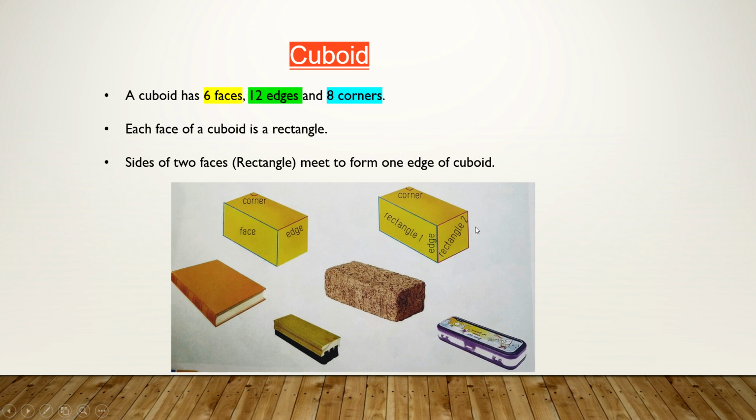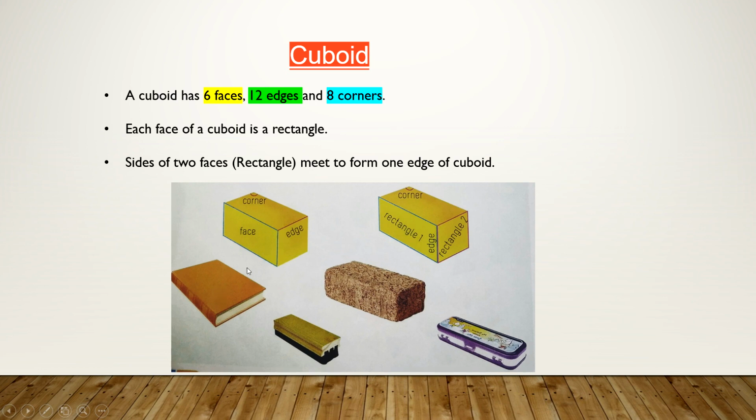Okay, and opposite rectangles are of the same area. So this face and the face on this side must be equal, but this side rectangle 2 and the back side rectangle 2 should be equal. So we can say a cuboid also has 6 faces, 12 edges and 8 corners, same as a cube, but the only difference is that the face is a rectangle.